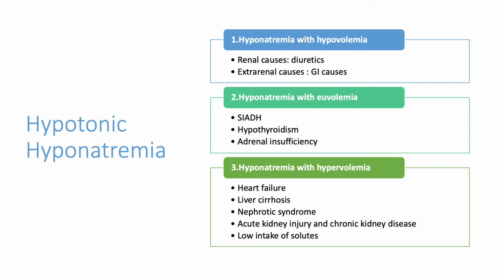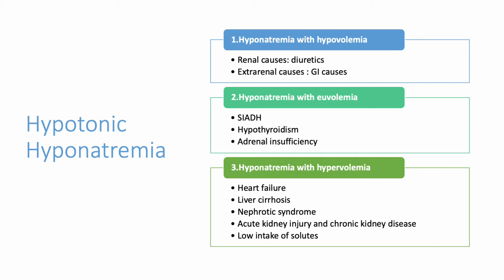Now here, when you assess the patient, you assess the volume status. The patient can either be dehydrated, meaning hypovolemia, so low blood pressure, orthostasis, poor skin turgor, thirst, etc., or the patient is euvolemic, or the patient is hypervolemic.